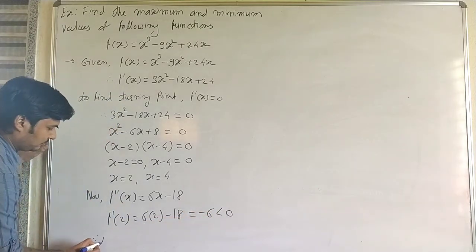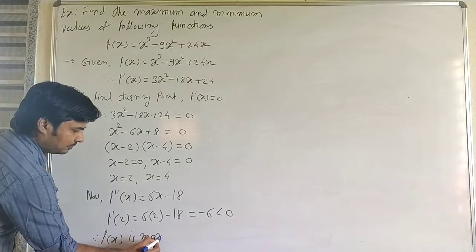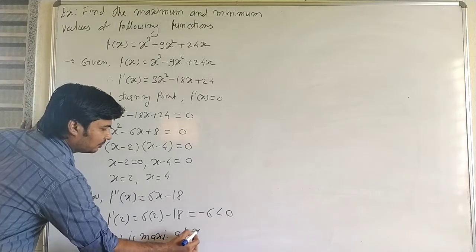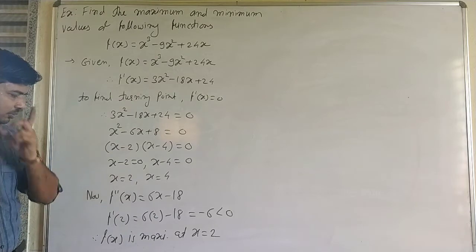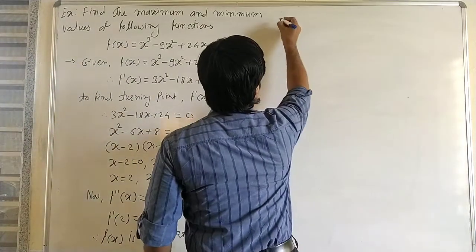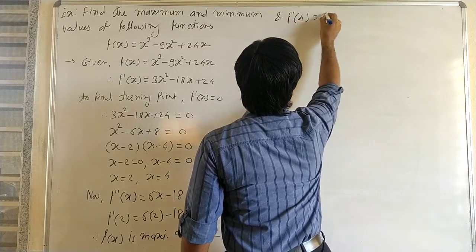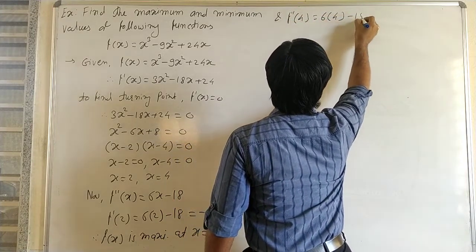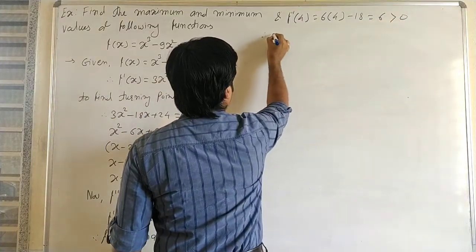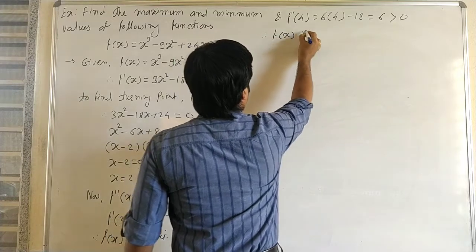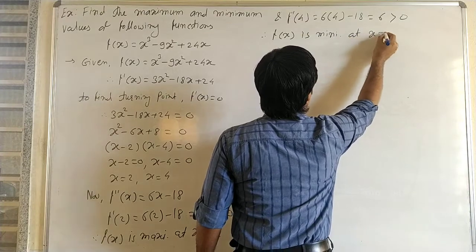Therefore f of x is maximum at x is equal to 2. Okay, then f double dash of 4 is 6 into 4 minus 18, which is plus 6, which is greater than 0. Therefore f of x is minimum at x is equal to 4.